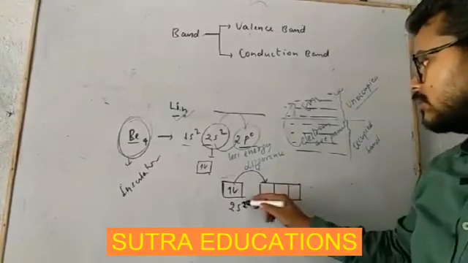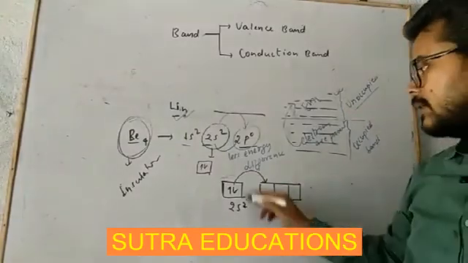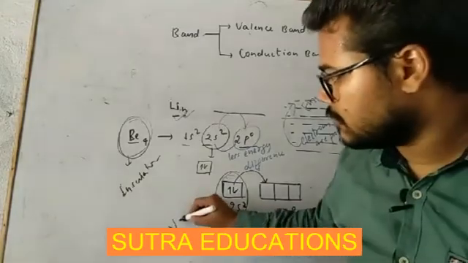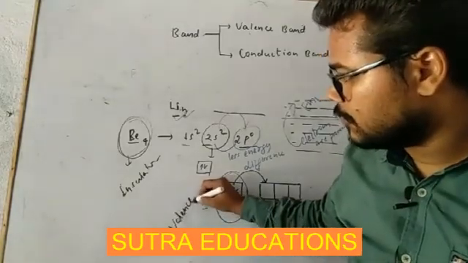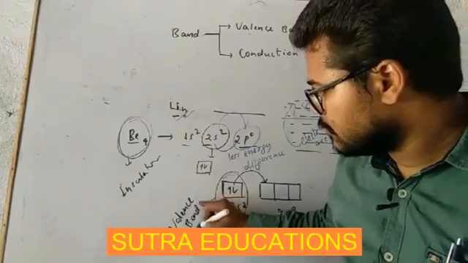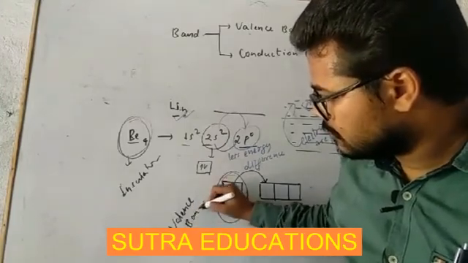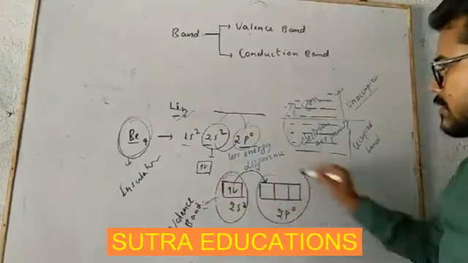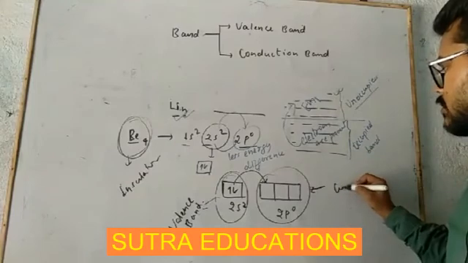For example, here 2s is the valence band, and this 2p is the conduction band here.